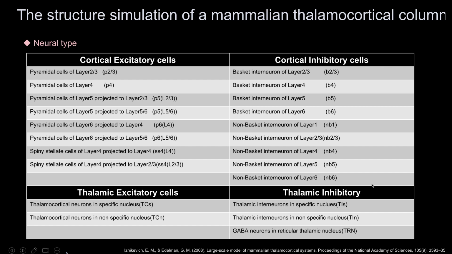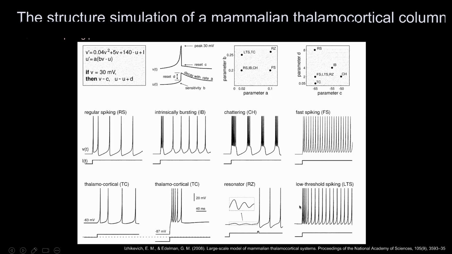This data is derived from the anatomy of Cat Area 17, which contains 22 types of neurons, including 8 types of excitatory neurons and 9 types of inhibitory neurons in the cortex, 2 types of excitatory neurons, and 3 types of inhibitory neurons in the thalamus.